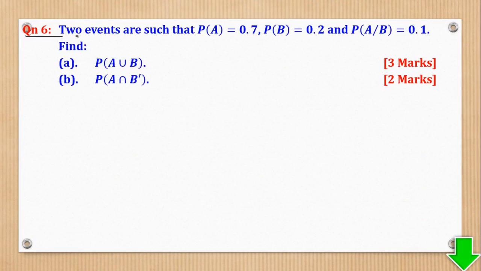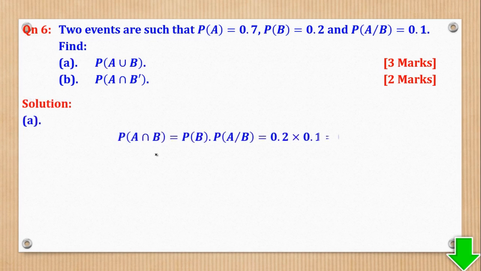Then question 6 says two events are such that P(A) is this, P(B) is this, and P(A given B) is this. Find the probability of A union B and the probability of A intersection B complement. So for the probability of A union B, the probability of A intersection B is what we shall get first.